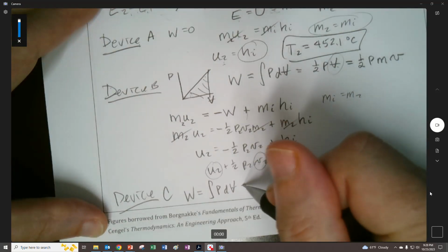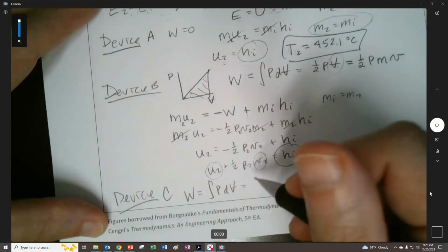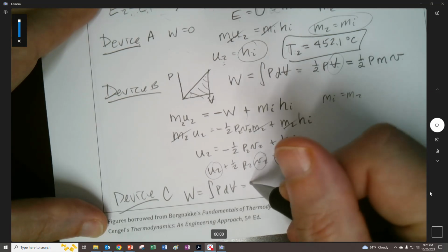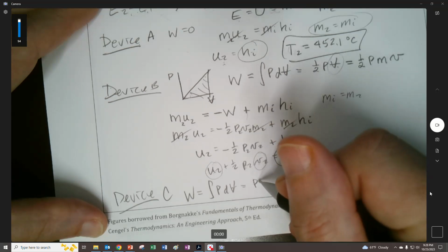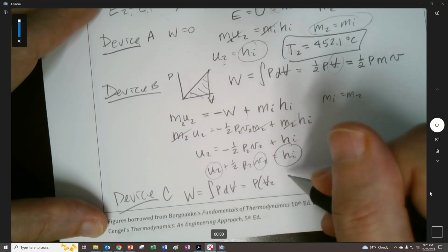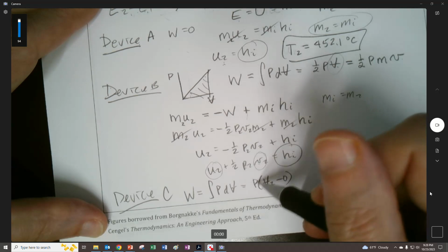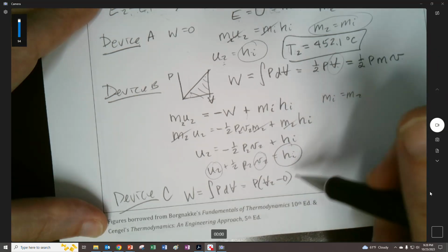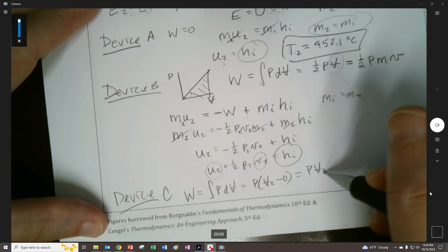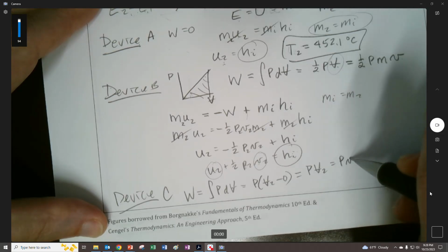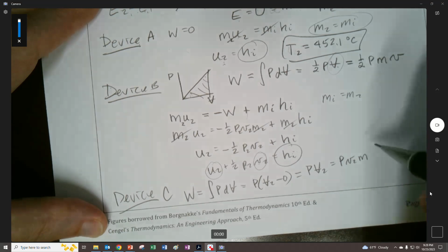But the way that we've worked this thing out, no pun intended, is we're going to have zero volume at the beginning. So it's just going to be P times V2 minus 0, right? Because it's a constant pressure. So that's going to be the same thing as P V2 M.